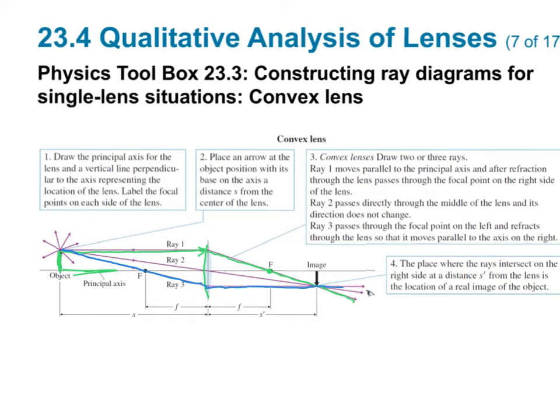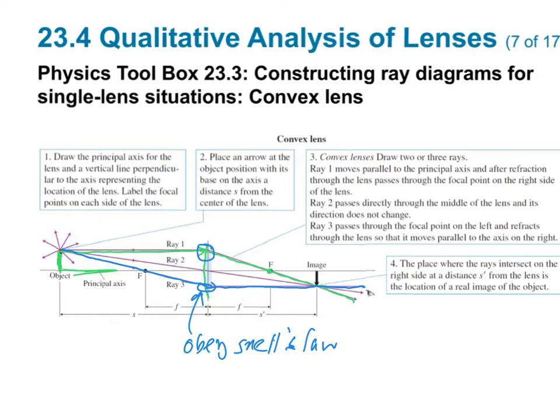And by the way, as these rays refract through the lens here and here, they obey Snell's law, which means they'll actually bend towards the normal if we're going from a lower index of refraction into a higher index of refraction material, and just the opposite if we're going from high to low, the ray bends away from the normal. We could figure all that out by drawing the normal line and really zooming in there. We're not going to spend the time to do that right now.